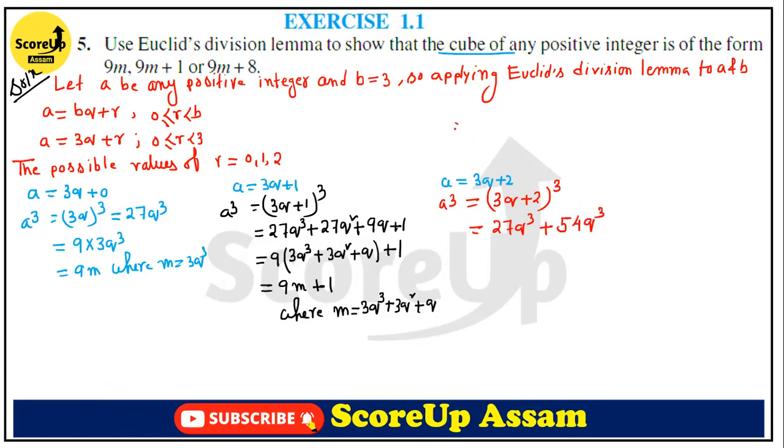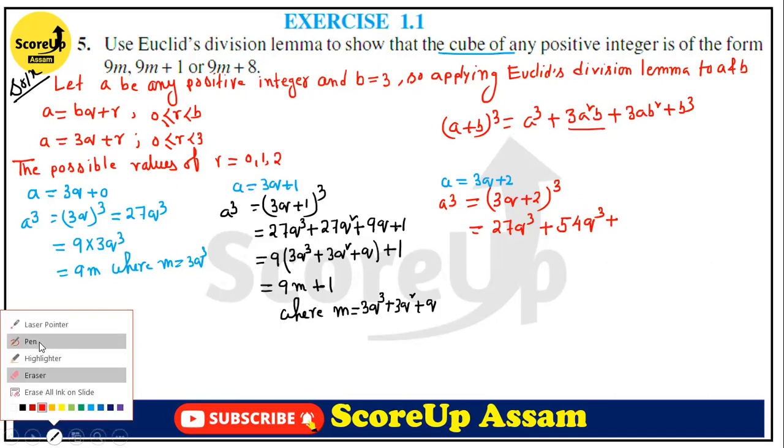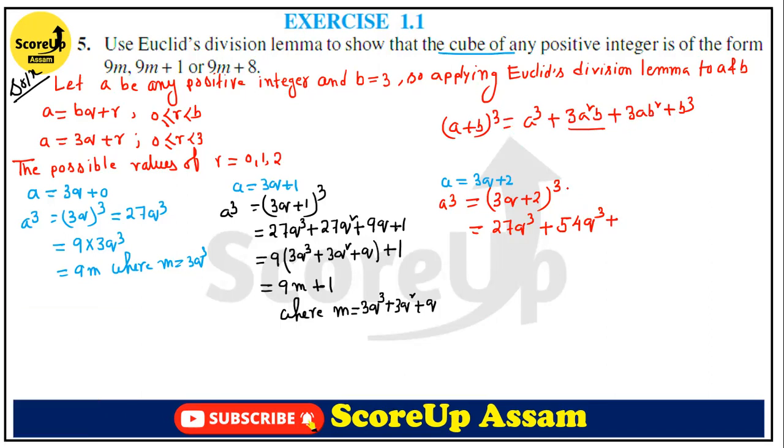Now we are using this formula: (a plus b) whole cube is equal to a cube plus 3a square b plus 3ab square plus b cube. Okay. So now we have written 3a square b, now 3ab square. Let me write directly without writing this step. So 3ab square. Now 3 twos are 6q, 3 4s are 12, 12 3s are 36q.